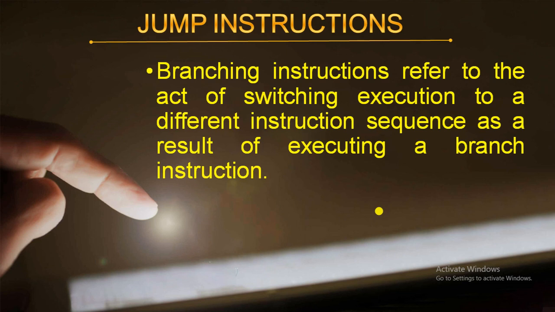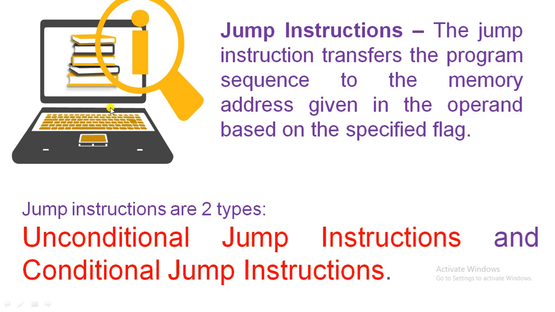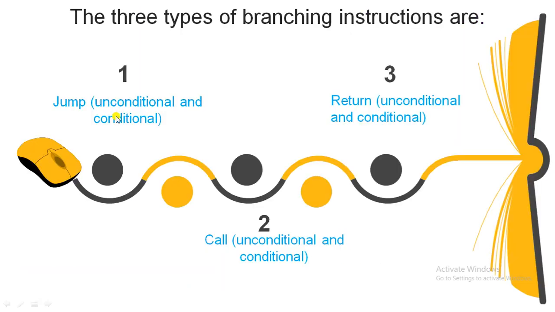Under the branching instructions, jump instructions will come. There are three types of branching instructions. The first one is jump, unconditional and conditional.